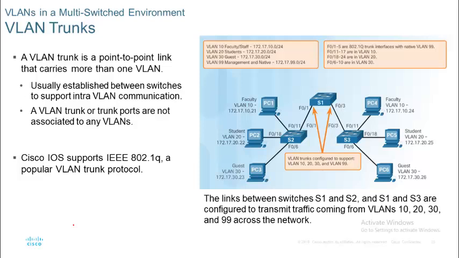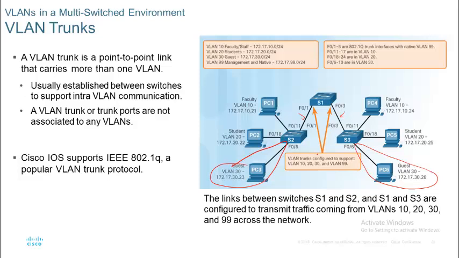If the guest of this switch 2, well, if they want to talk to the guest of this switch, it is possible if this link and this link are configured as a trunk.